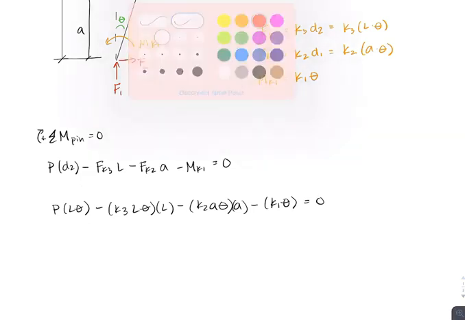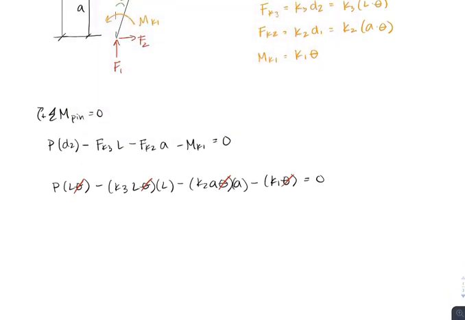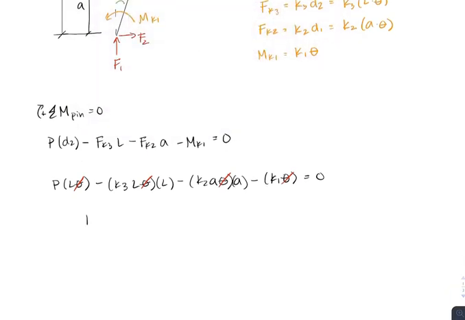If you look at this equation, each term has a theta, so we can cancel the theta out of the entire equation. And if we rearrange it to solve for P, we get that P is equal to K1 over L plus K2 A squared over L plus K3 times L. And that's going to be our final equation.